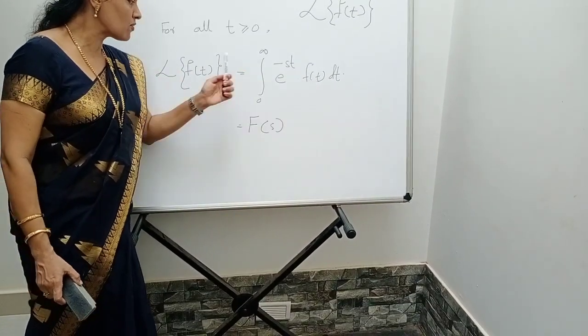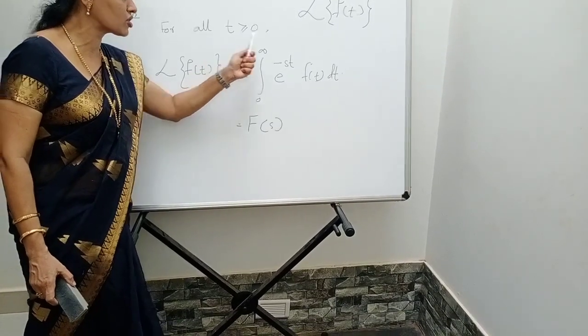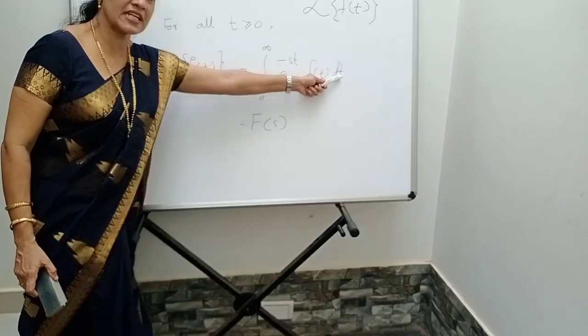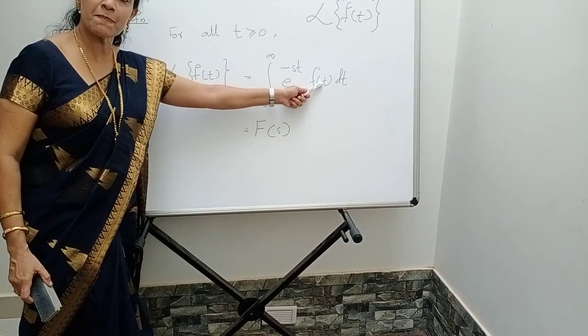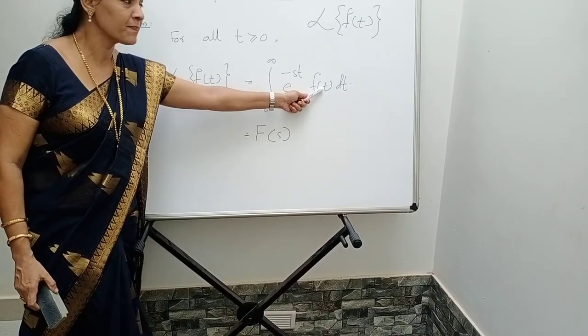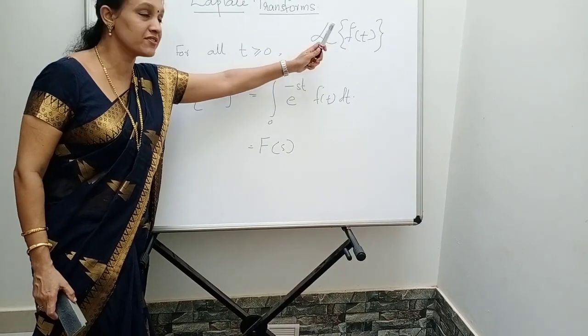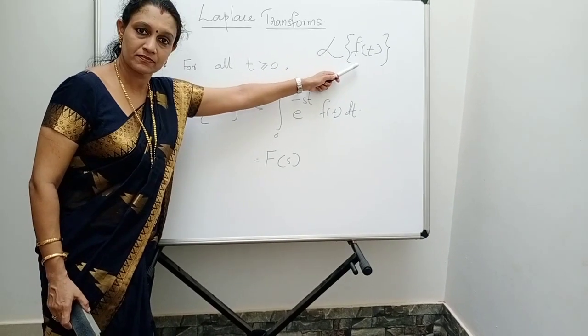Whatever function we are considering here, the same function we should write here. Okay? f of t into dt. See, this integral is called the Laplace transform of the function f of t. And Laplace transform of this function is denoted by L f of t.